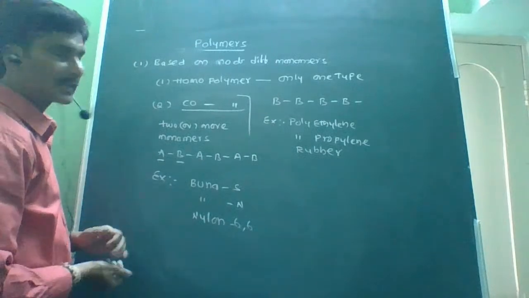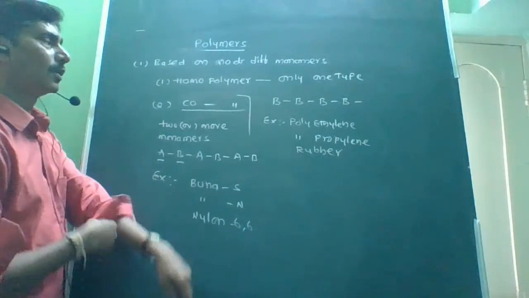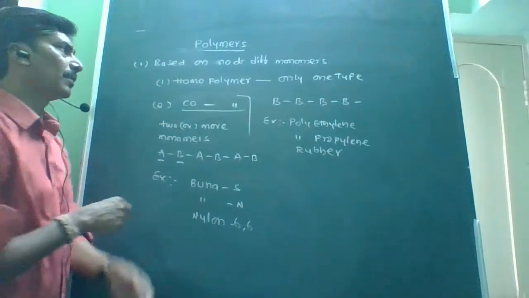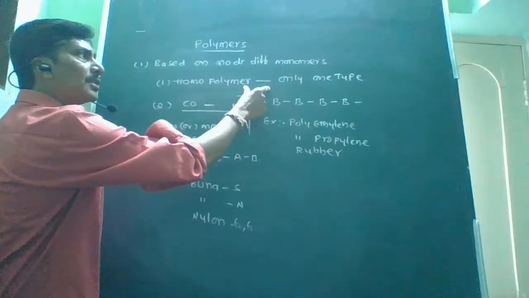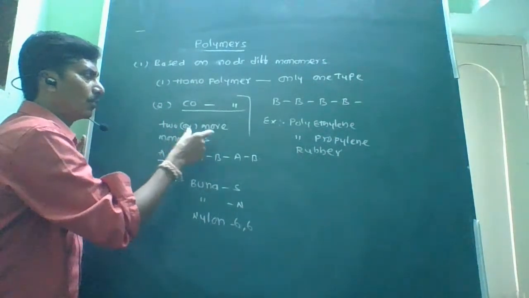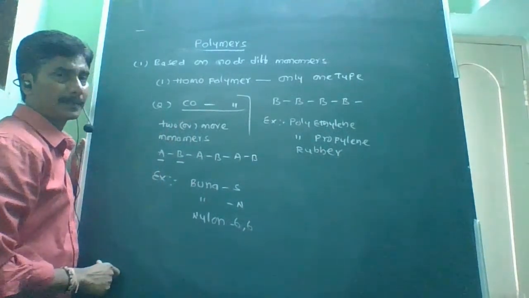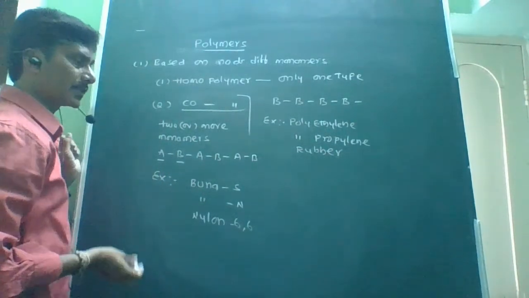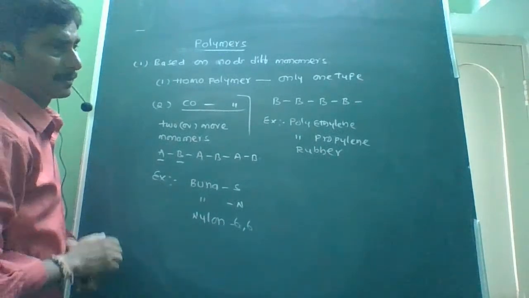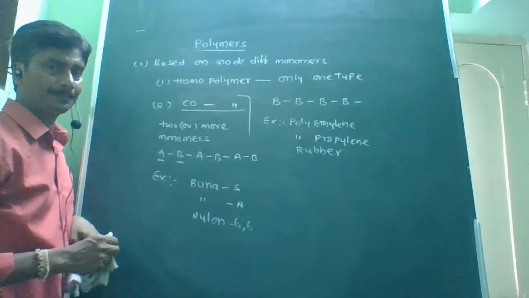It is one of the classifications which is based on the number of different monomers. Only one type of monomer is homopolymer. Two or more monomers are used, copolymer. It is the first classification for the polymers.